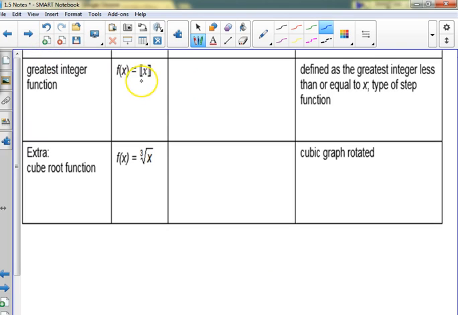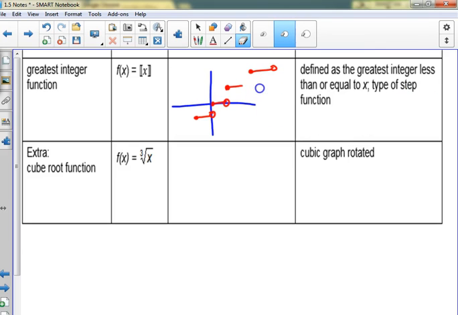The greatest integer function, again, is this guy. Everything over to 1, less than 1, is 0. Starting at 1, it stays 1 until it gets to 2, and then it goes up to 2. Those are really supposed to all be the same size. I don't know why mine look like they're getting longer as they go up.